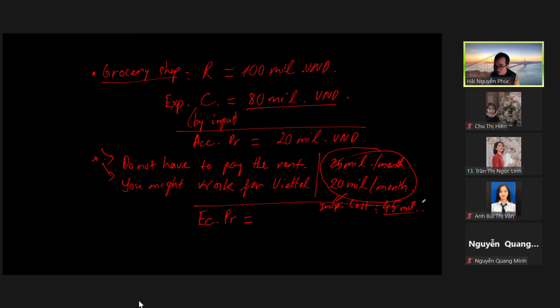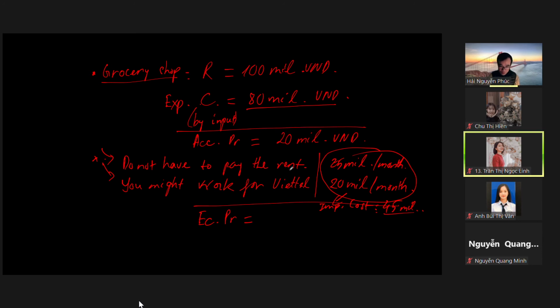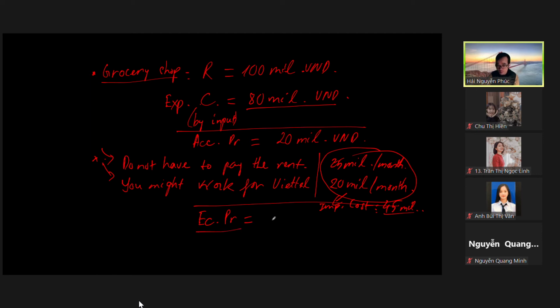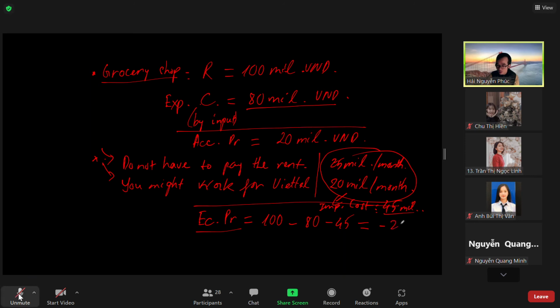Right. So in this situation, your economic profit is computed in the following way: the revenue subtract the explicit cost of 80, and then further subtract your implicit cost of 45, and your economic profit is minus 25 million.